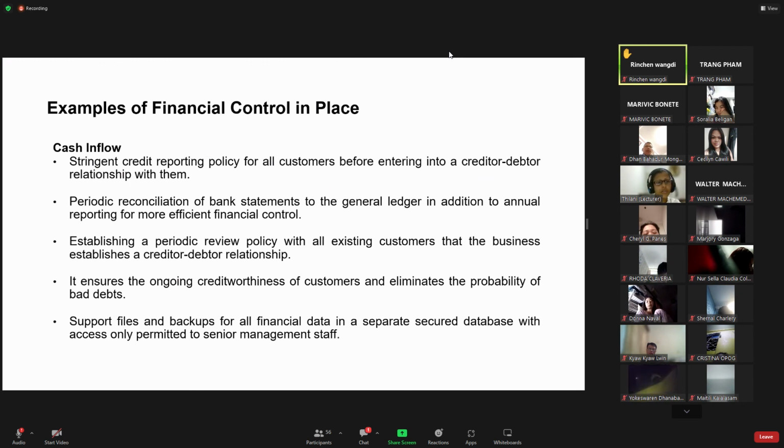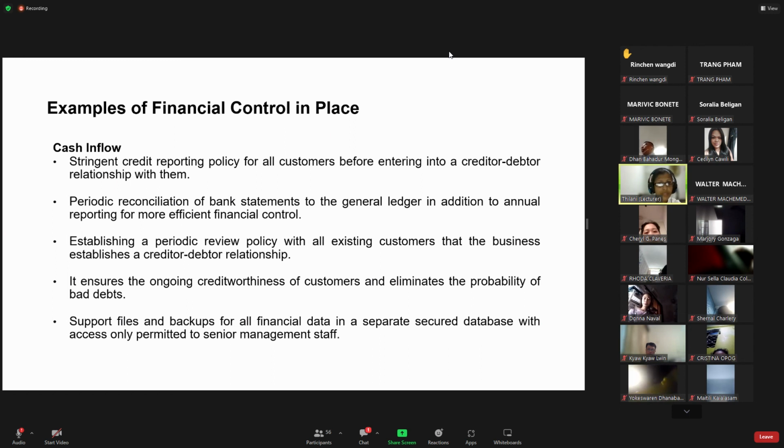So moving on, still on examples of financial control. Let's look at cash flow. You know what cash flow is, right? Cash flow is cash which comes into the company. You need to have a stringent credit reporting policy for all customers before entering into a credit debtor relationship with them. You need to have that in control. Otherwise, sometimes you will end up not getting the cash.